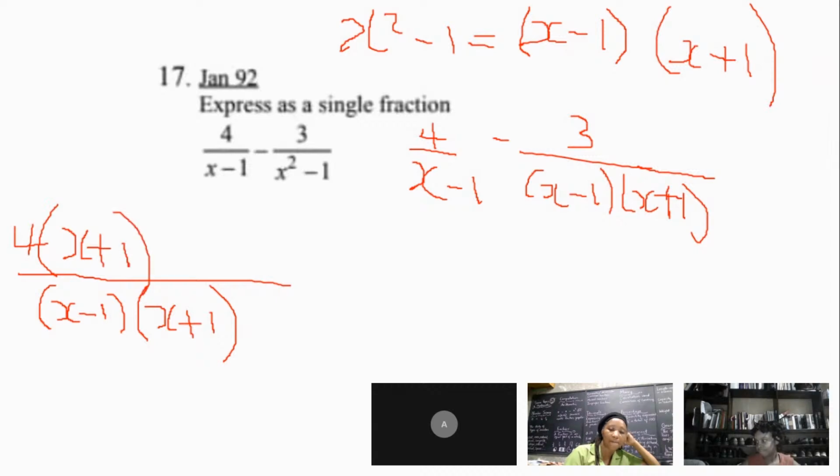x minus 1 bracket x plus 1 into that goes 1 times. So we still have the 3 times 1, right? All right. So expand the bracket now. 4x plus 4 minus 3 over x minus 1, x plus 1.